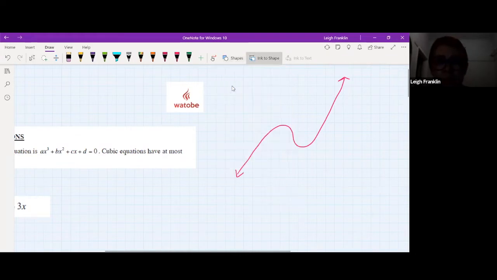The first line I'm going to draw is going to be green. How many times does the green line intersect the pink one? Only once. So this is a situation where I have one x-intercept.